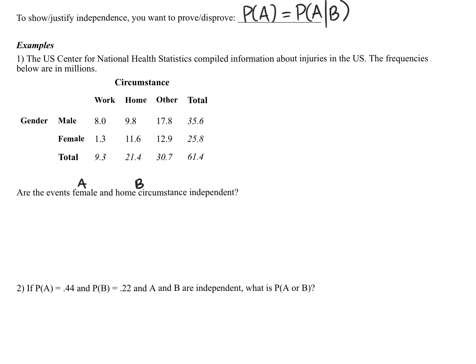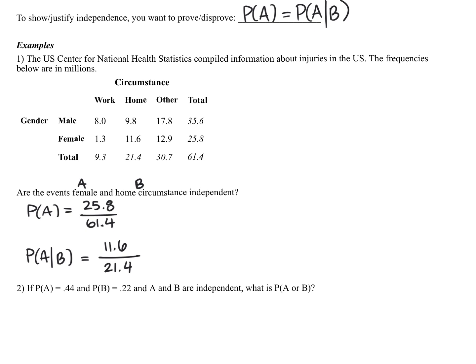I want to find the probability of A, the probability you're female, which is 25.8 over 61.4. And I want to find the probability of A given B, so the probability of female and home, 11.6, over the total number of injuries that occur at home, 21.4.